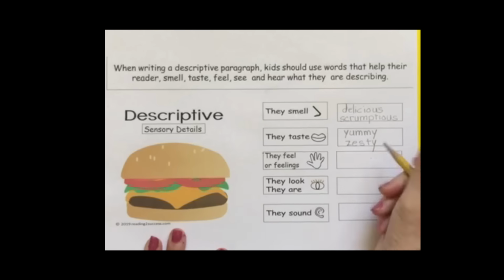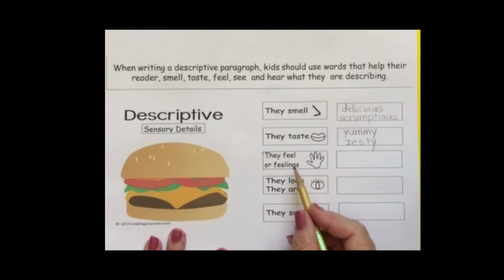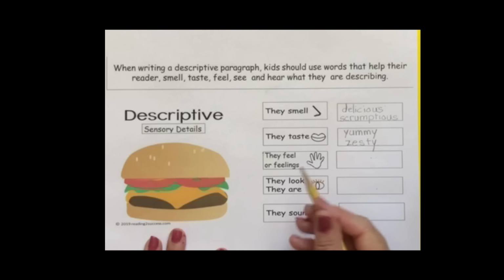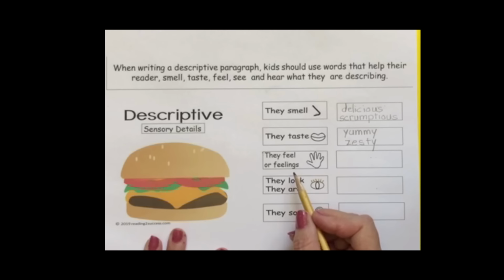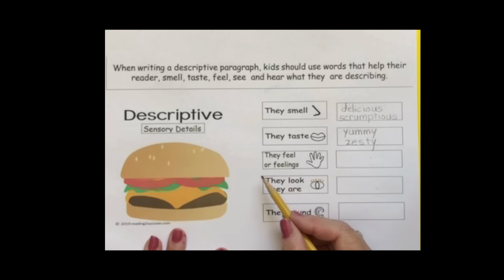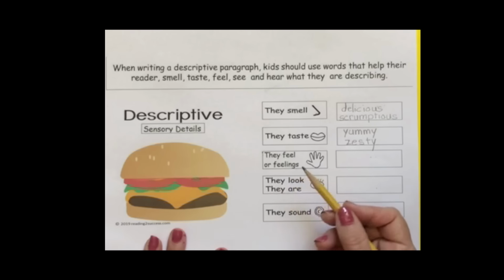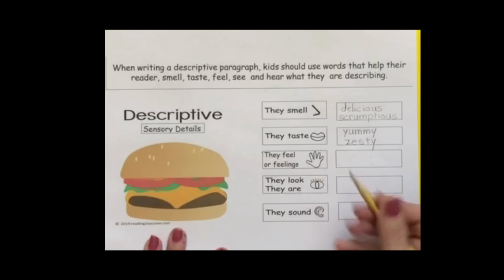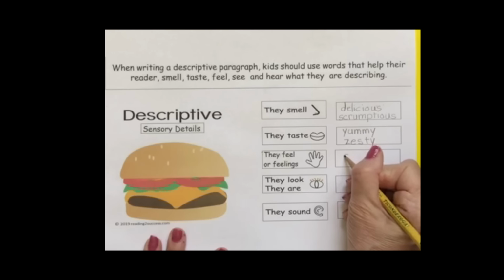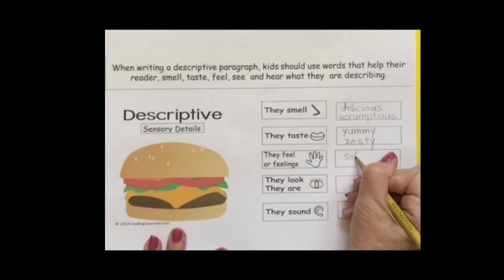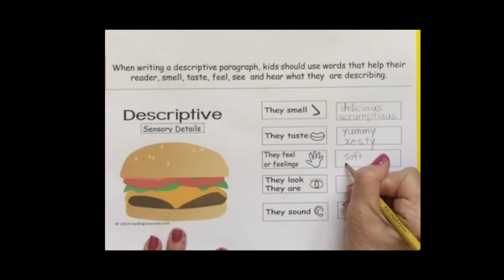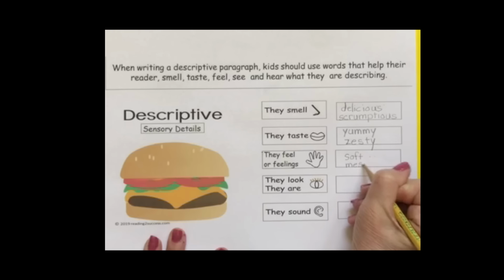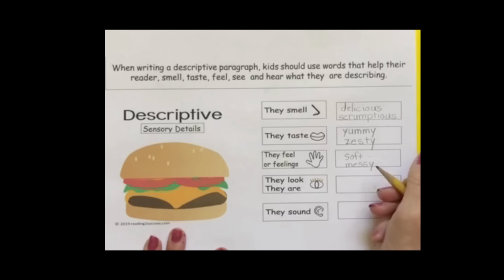Then our next category is how do they feel actually with their hands when you touch them, and some of our description paragraphs after this one will have feelings of how you actually feel when you might be in that place. But for this one, they put soft and messy. The hamburgers felt soft and messy.